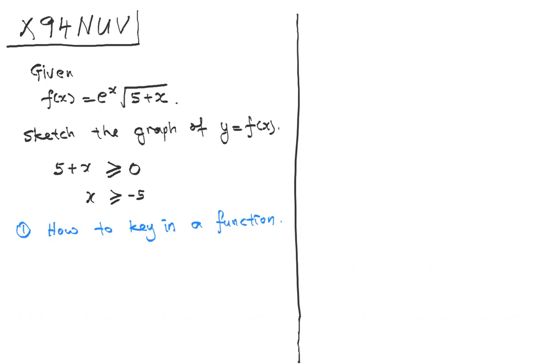On the first row, the left button. What is the name of the left button? Y equal to. Okay, you press this button, Y equal to.